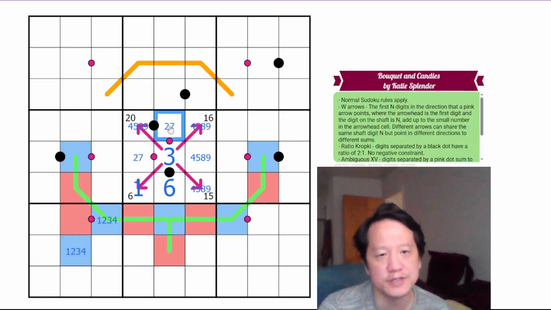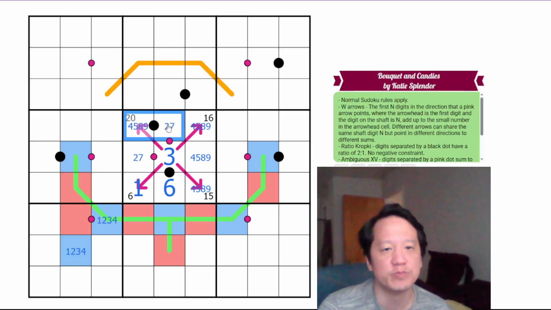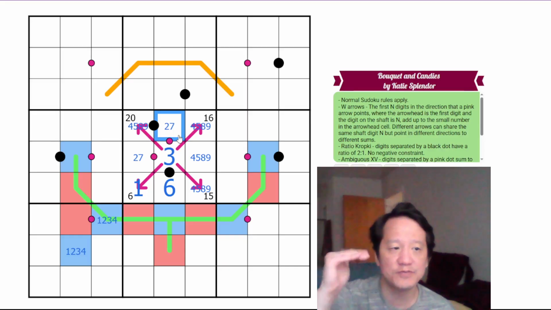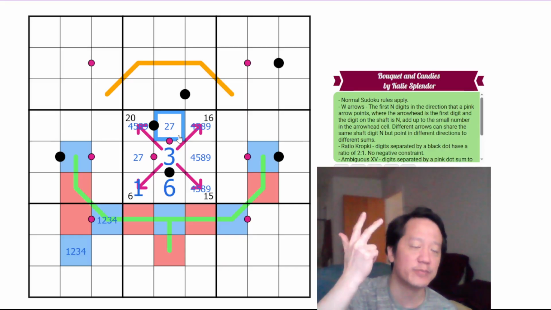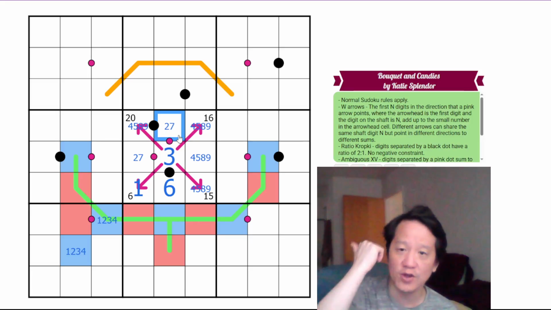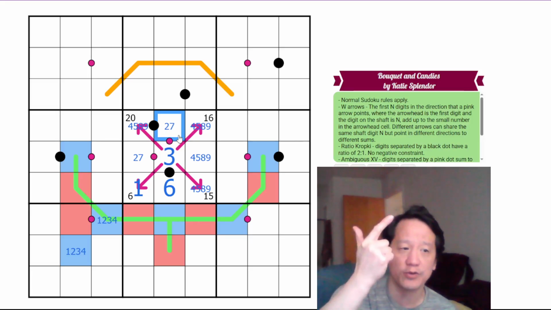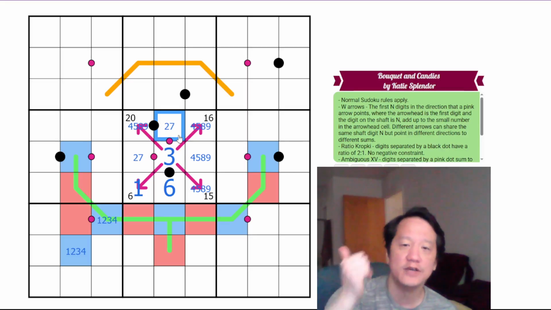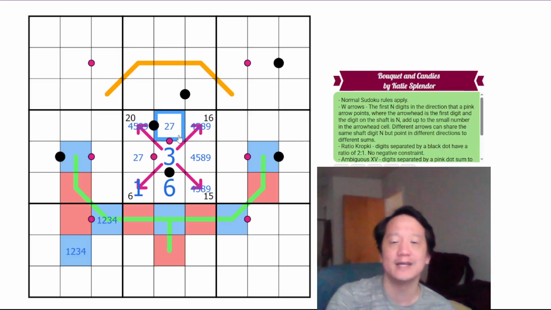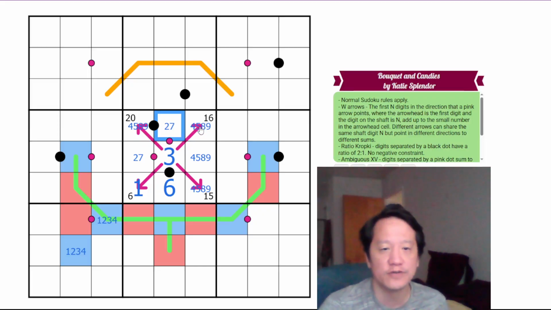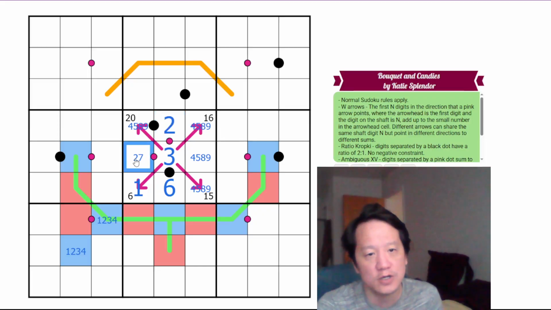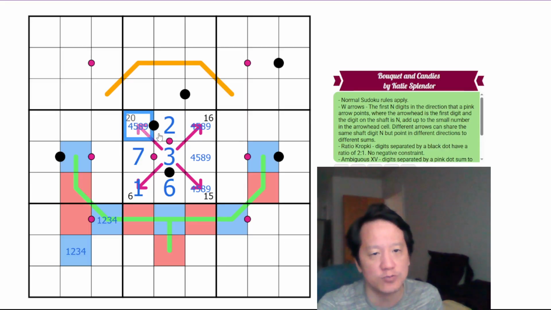Oh, we know that this 7 cannot be next to a black Kropki dot, because 5, 7, and 9 actually cannot be next to black Kropki dots. Because if you have those digits, you get 2.5, 3.5, 4.5, which are not digits. If you double them, you get 10, 14, or 18, which are not digits. So therefore, this can't be 7, it's 2. This must be 7.